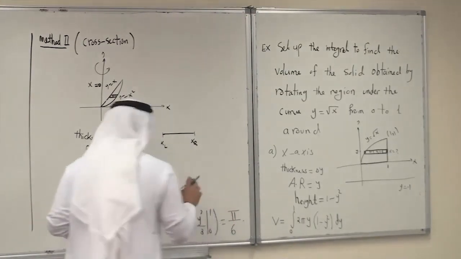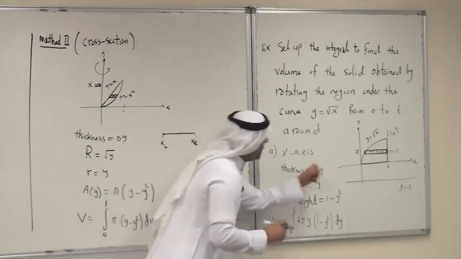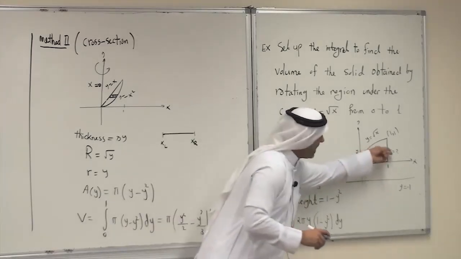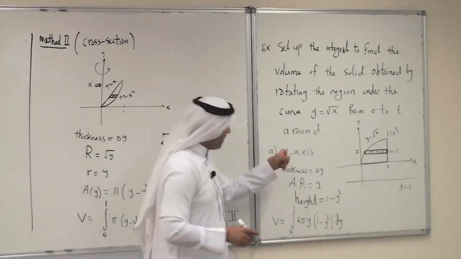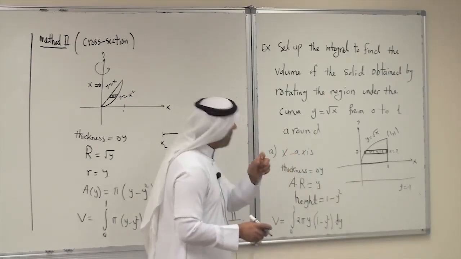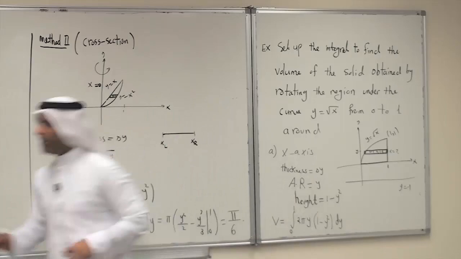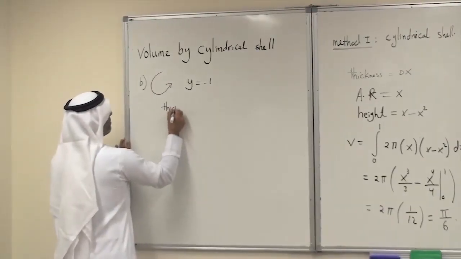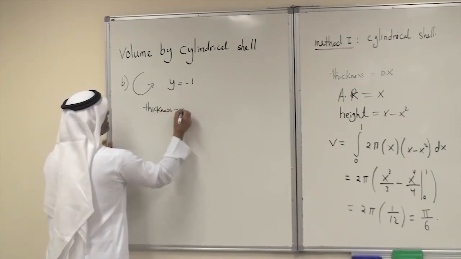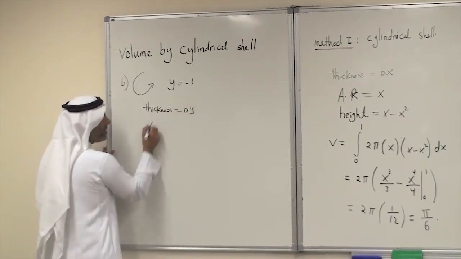Let me just do the modification here. The thickness will be the same, because we are drawing a rectangle which is parallel to the axis of revolution. The thickness is delta y. What about the average radius?